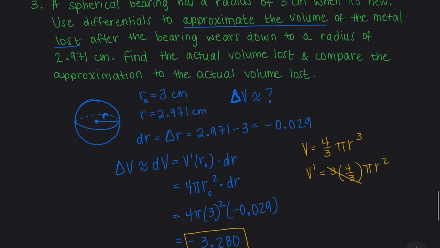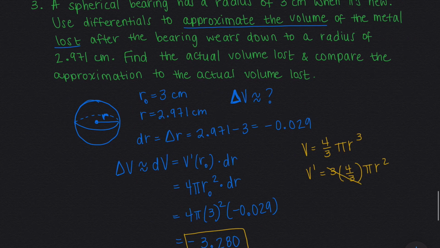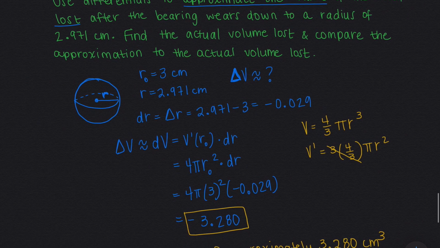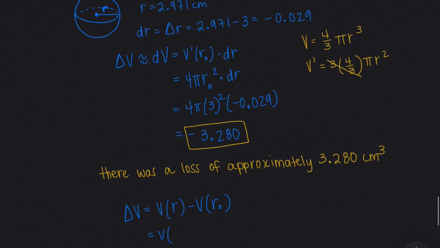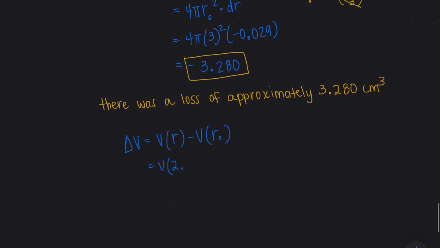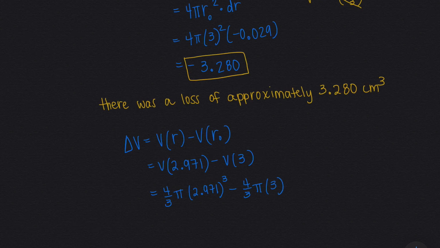Now, remember that they also asked us to compare our estimation or our approximation to the actual volume that was lost. So now we want to find the actual change in V. Well, that would be V of R minus V of R naught, or the volume when the radius has already shrunk to 2.971 centimeters minus the volume in its original shape. So we would have 4 over 3 pi times 2.971 cubed minus 4 over 3 pi times 3 cubed, or 27.